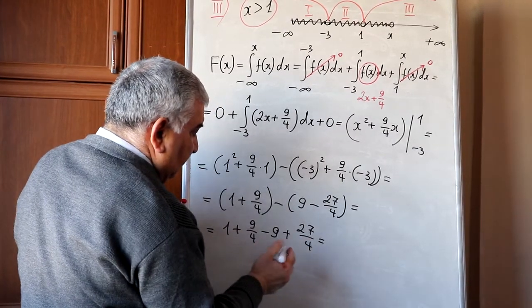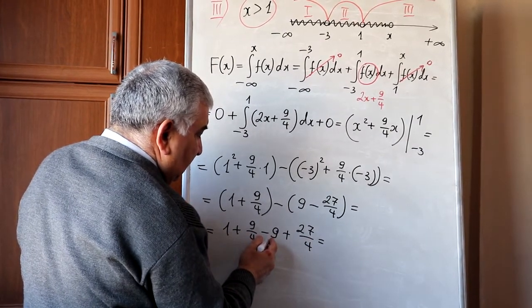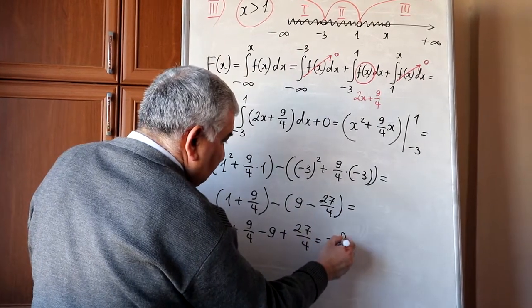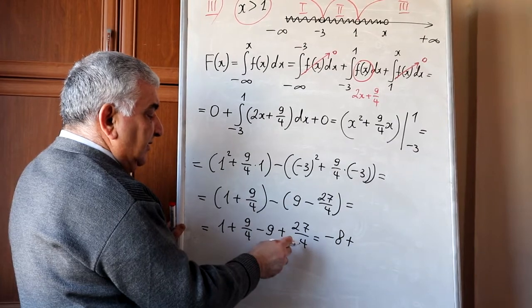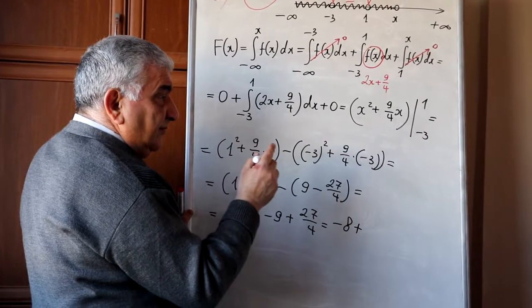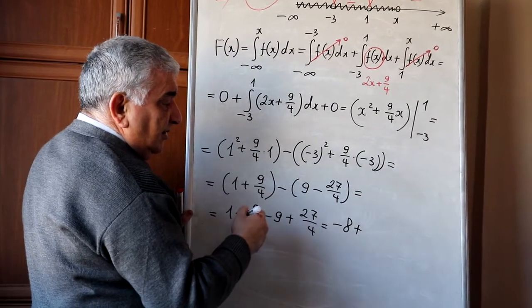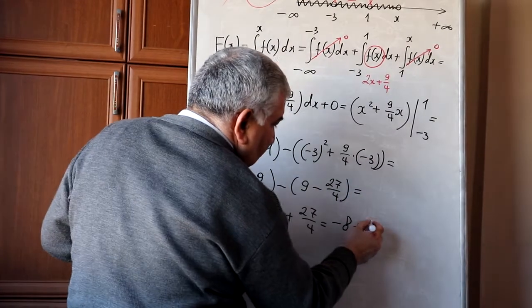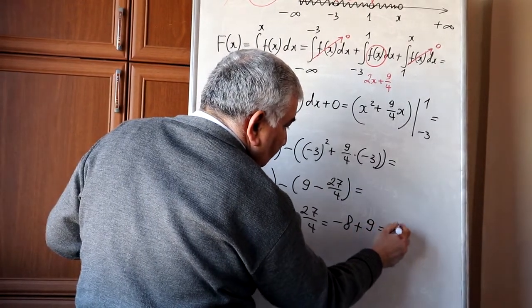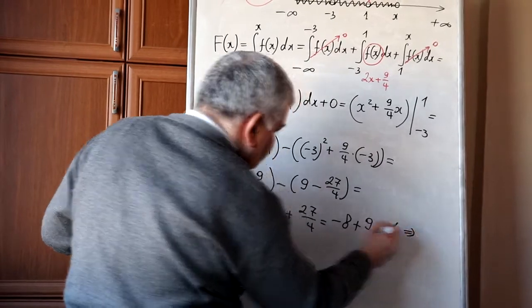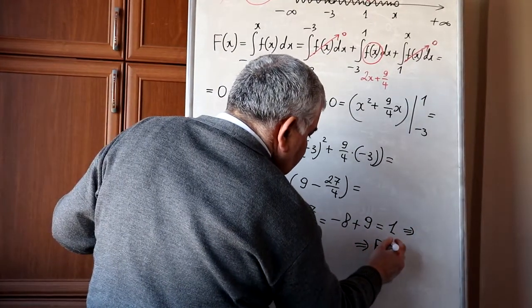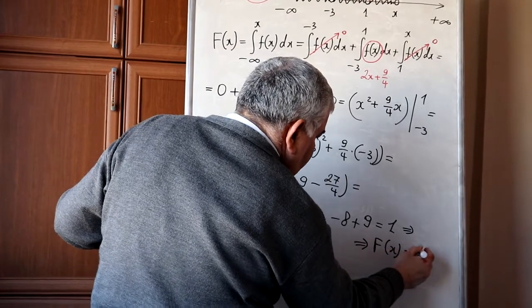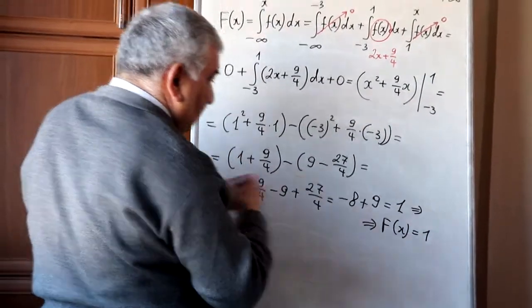Then collect the similar terms: 1 minus 9 is minus 8, but 9 fourths plus 27 fourths is 36 fourths, or is equal to 9, and we will obtain 1. That is F capital of x is 1 in the third interval.